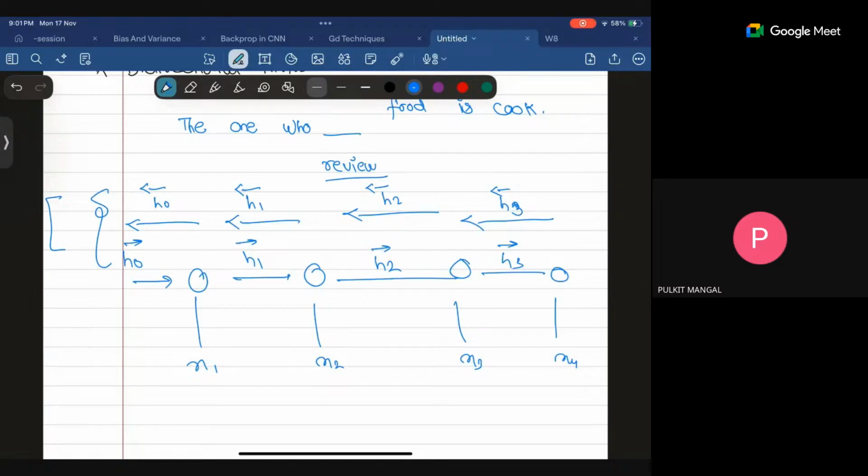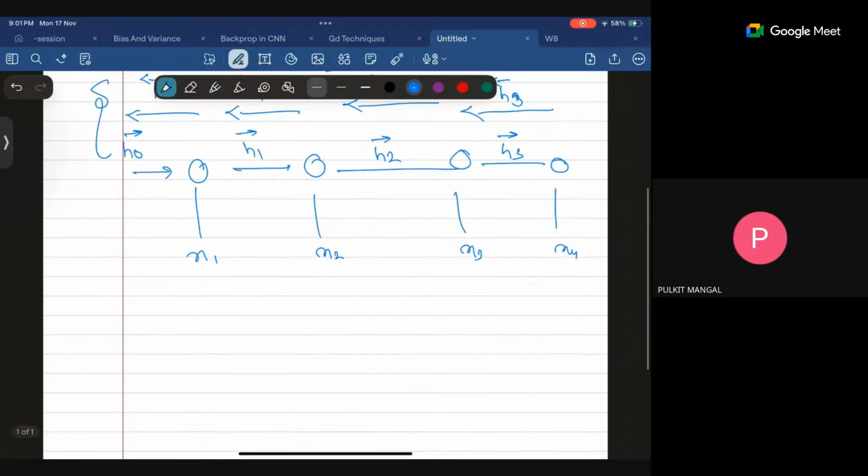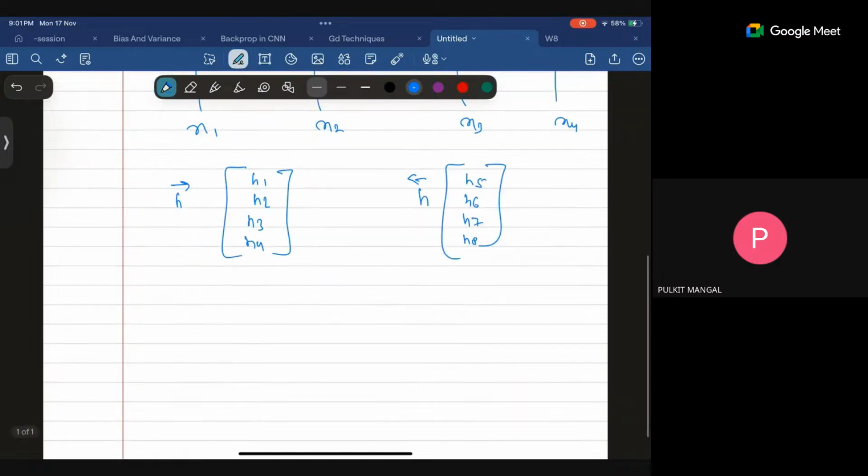If this was my H in this direction, H1, H2, H3, H4, and for the backward direction, I had H5, H6, H7, H8, then the concatenated form is H1, H2, H3, H4, H5, H6, H7, and H8.